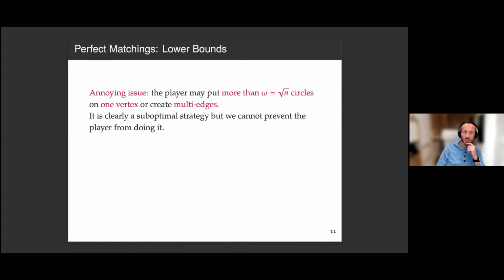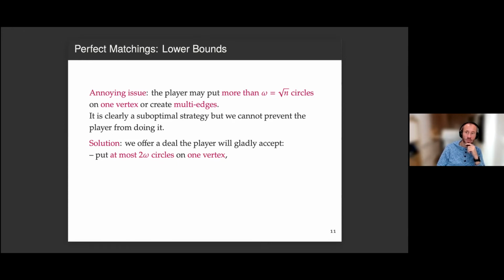So this is a little bit annoying, and it's surprising that it took us like 3 pages in the proof to actually deal with this annoying issue. But the way we solve this is to offer the player a deal. The deal is pretty straightforward, but the proof that it's a good deal requires a few lines.